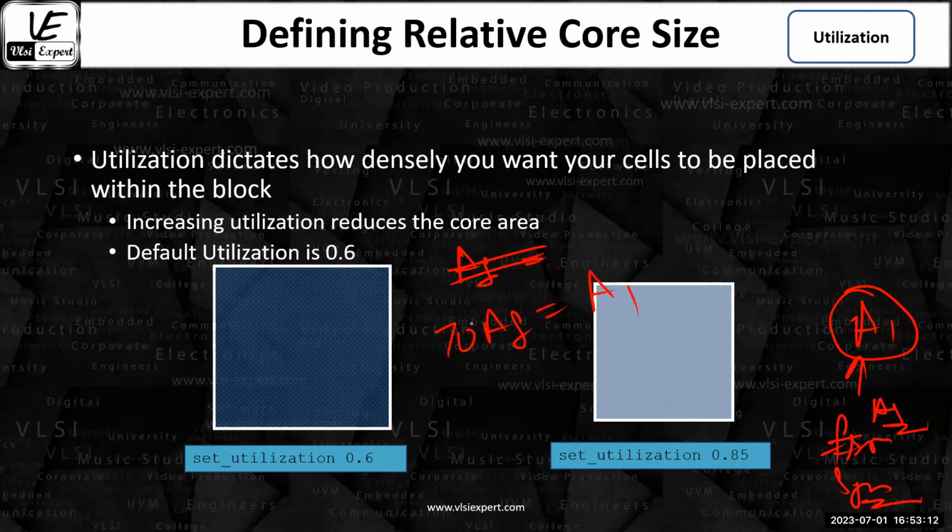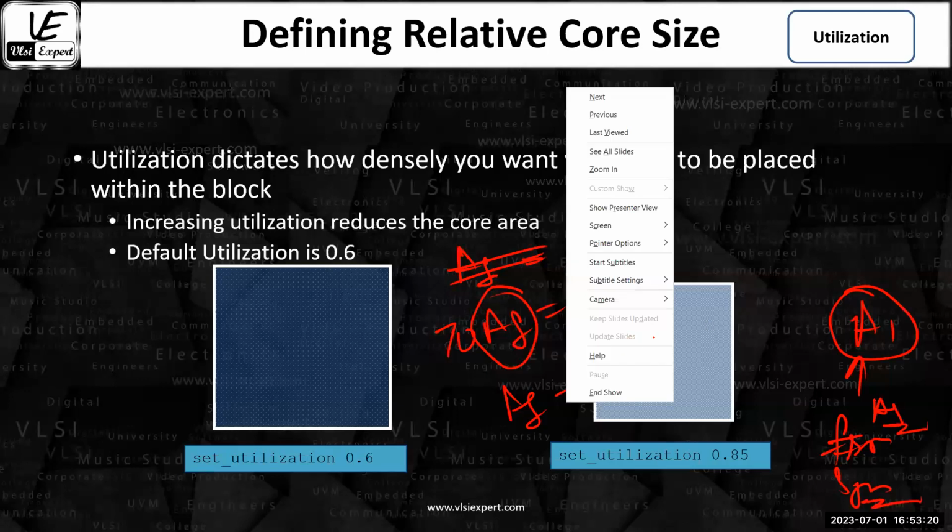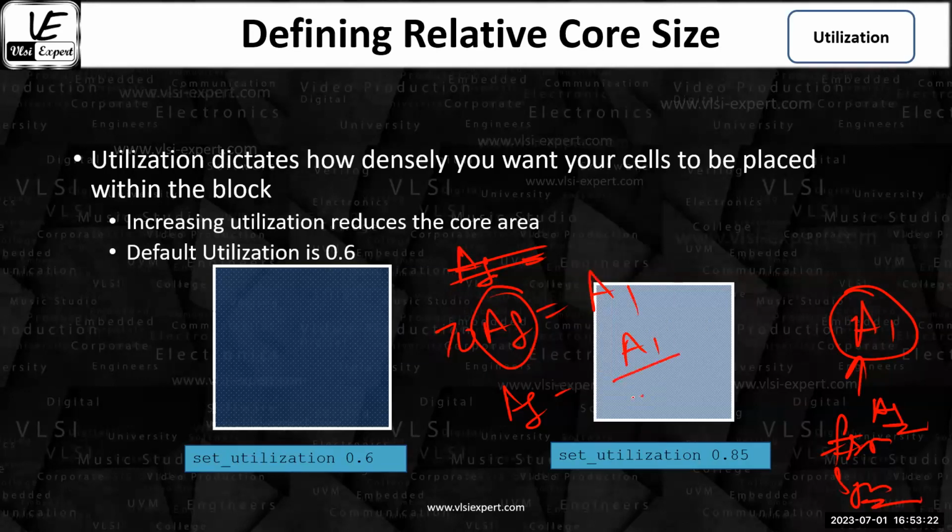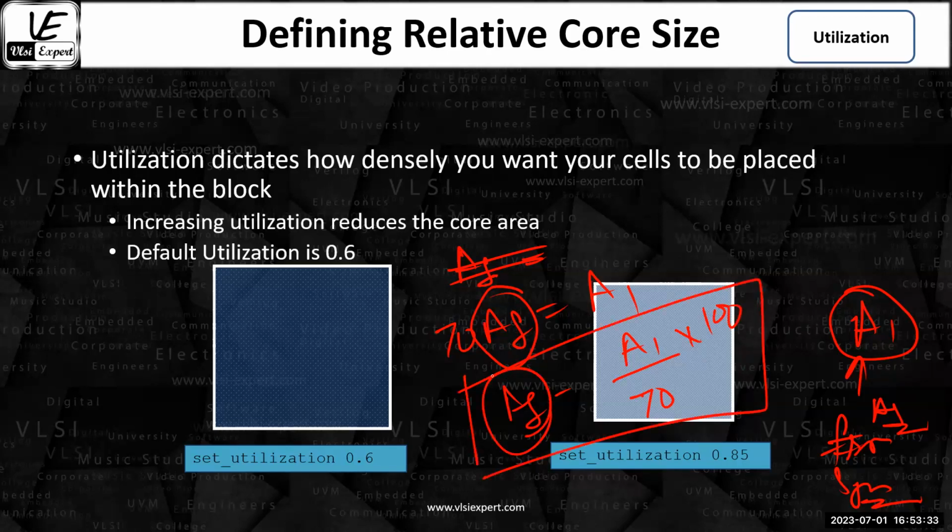Now you know AF. So AF is A1 divided by 70 into 100. Now this becomes your AF, which is the final area.